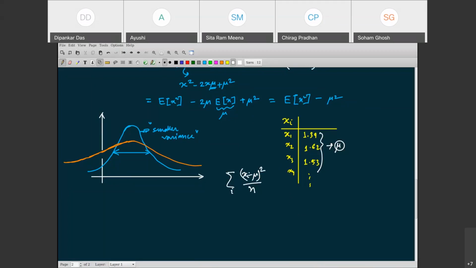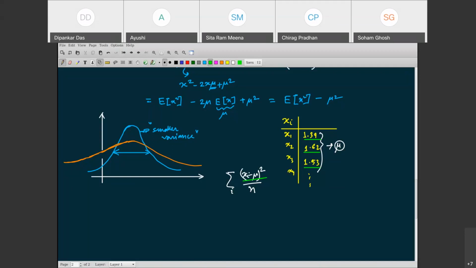Notice that this square is always positive. Since your measurements are never all exactly at mu, when you add these things, they add up to give you a finite variance.